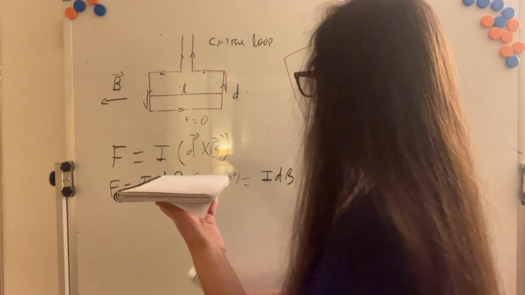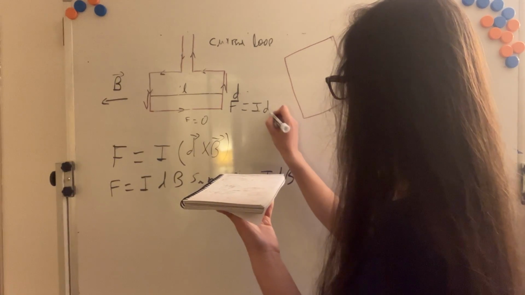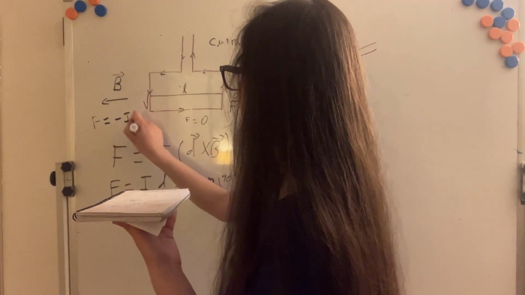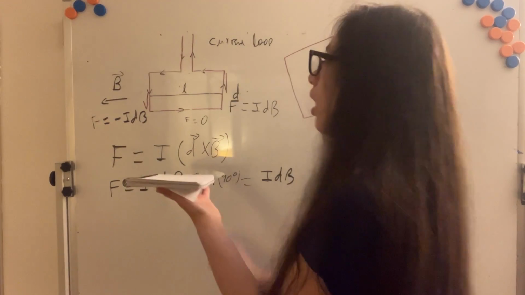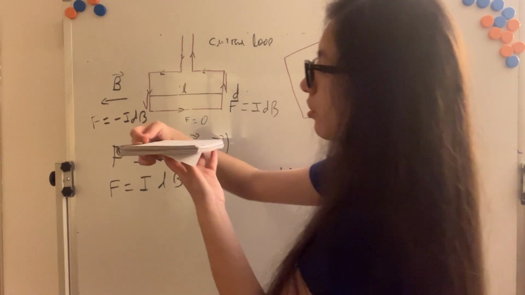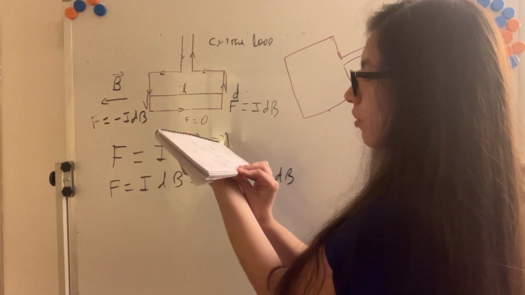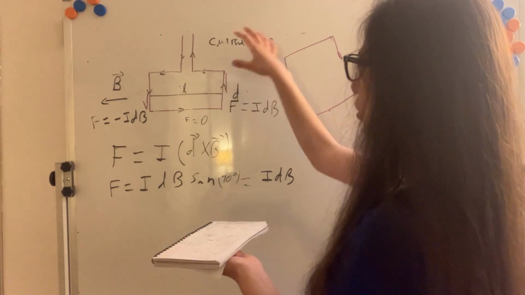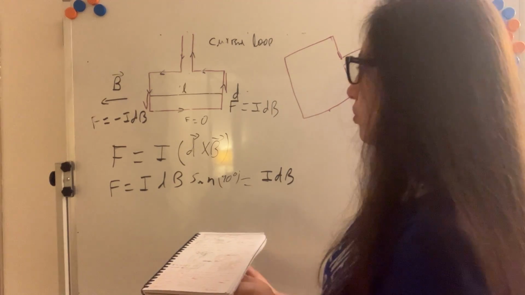So here we have a force of IdB, and here a force of negative IdB. So a force is going downwards here and upwards here, so we would have a rotation. This current loop would be rotating, so actually there is a torque in this current loop.